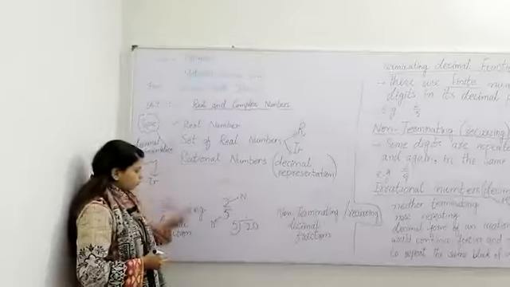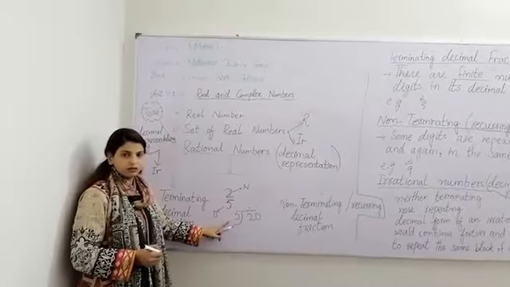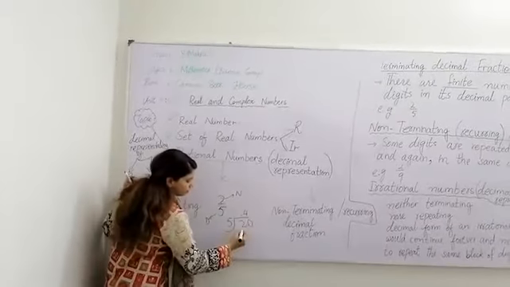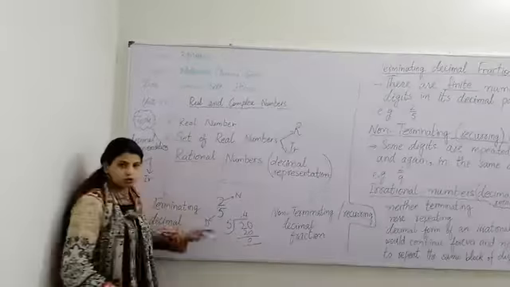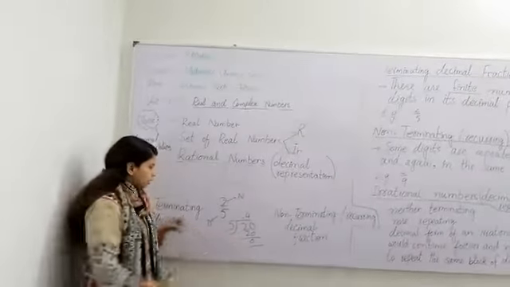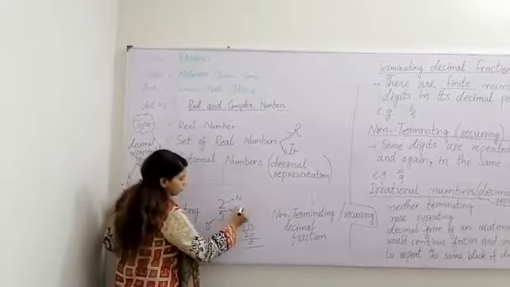How can we get 20 in the 5 table? 5 fours are 20. So this is 4 and this is 20. There is no need to solve further because it reaches its endpoint. So 2 over 5 is equal to 0.4.